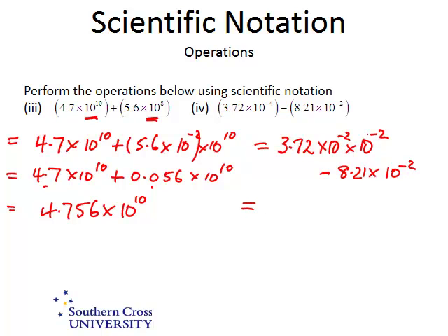So we've now got the same place value with the -2, but we need to write this as 0.0372 take away 8.21 times 10 to the -2. Now, you can think of this as being negative 8.21 plus this.